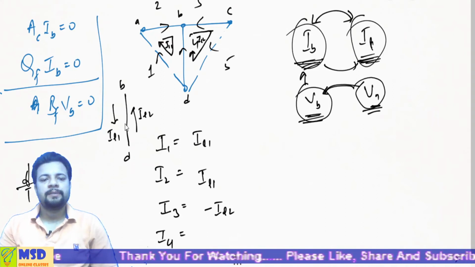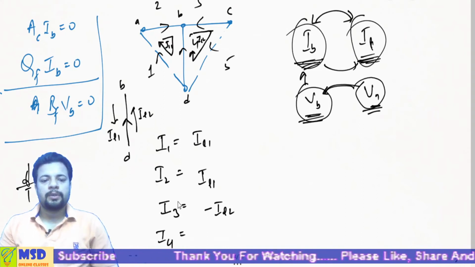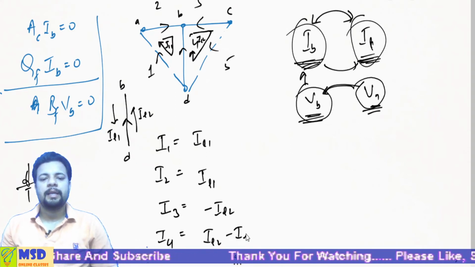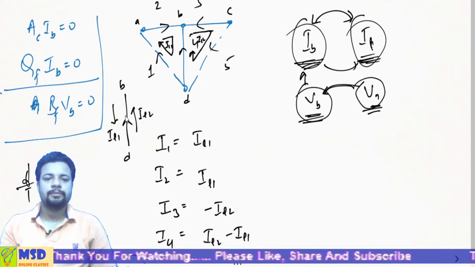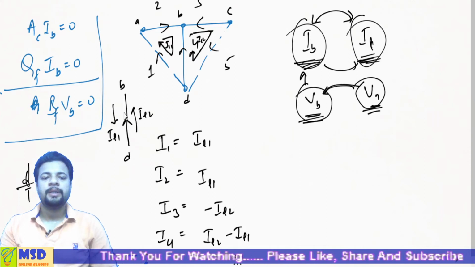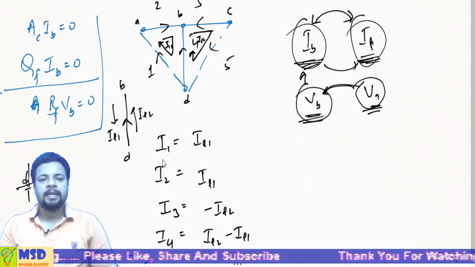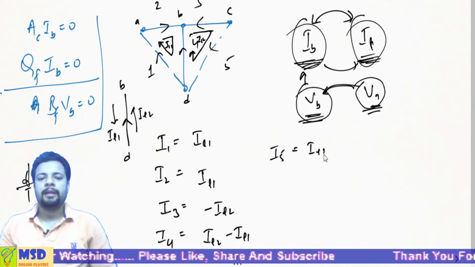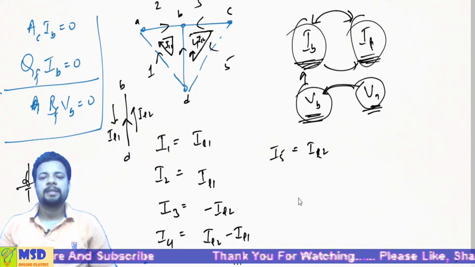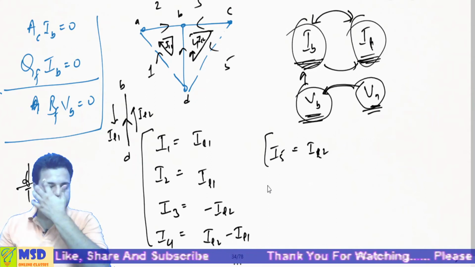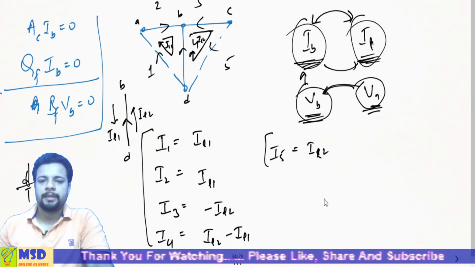And in the branch itself, you have assumed the current to be flowing from D to B. So I can write I4 is equal to IL2 minus IL1, because your orientation says that current is flowing from D to B. So I have assumed IL2 to be greater than IL1. Similarly, I5 is equal to IL2 again. You can see the graph, you can derive these relationships between branch current and loop current.